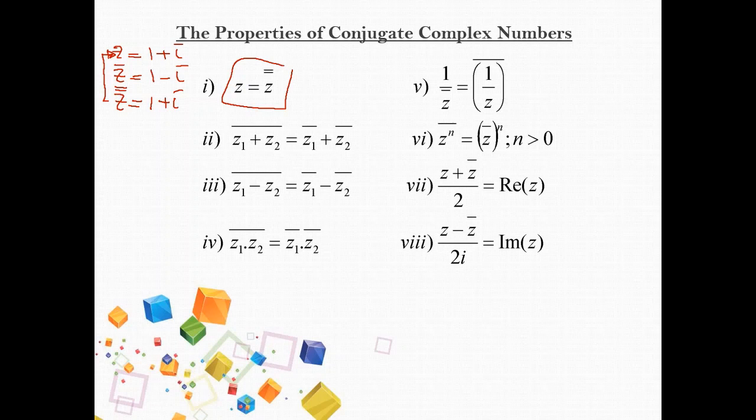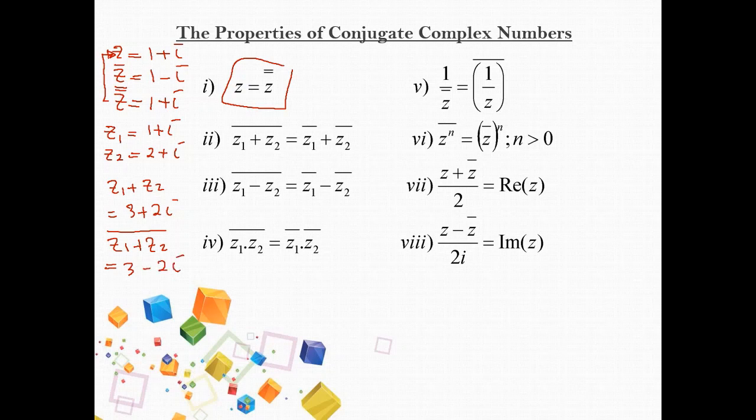What it means here is, if you have z1 equal to 1 plus i and z2 equal to 2 plus i, you have two ways. Either you sum z1 with z2 first, that will give you 3 plus 2i, and then you find the conjugate of this z1 plus z2, that will give you 3 minus 2i.